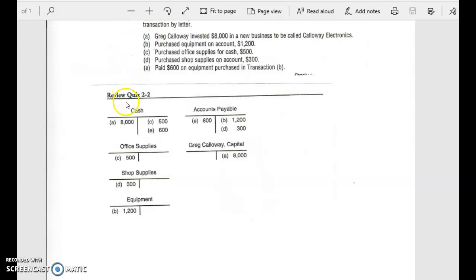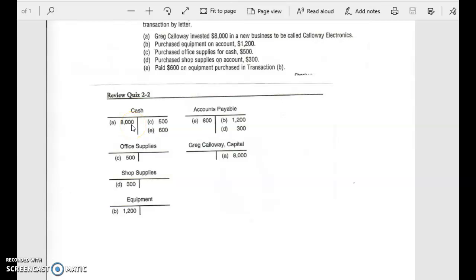So you can see here we have drawn a T account for cash. So we've labeled this one cash. And since cash has a normal debit balance, we are increasing cash on the debit side, on the left side. So here is our transaction identification, the letter A, and we increase it $8,000.